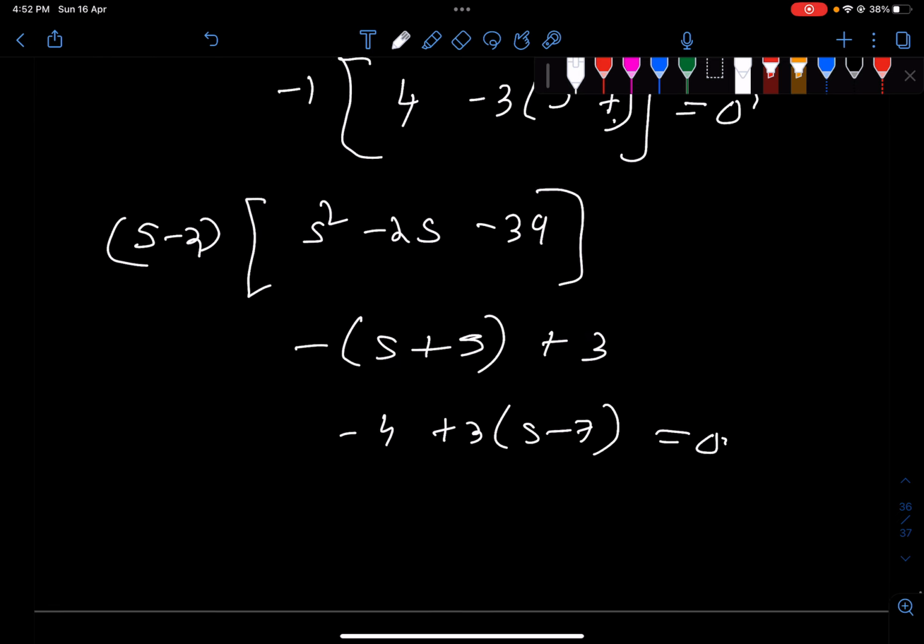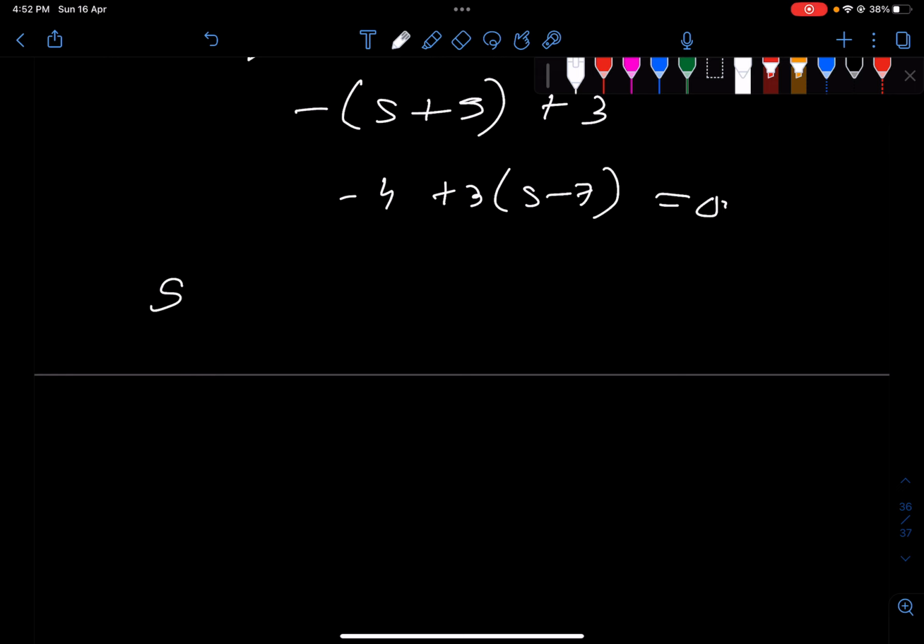On simplification, you can get x cube minus 4x square minus 33x plus 51 equal to 0. So this is our characteristic equation. On solving, you can get 1, minus 4, minus 33 and 51.